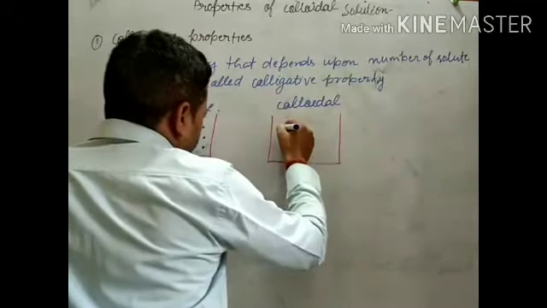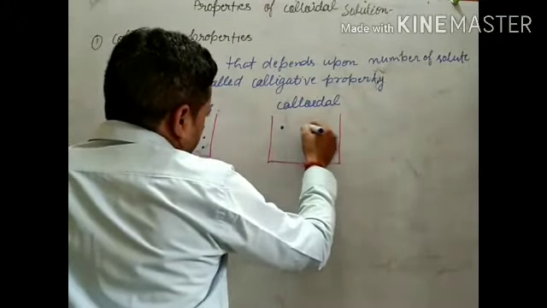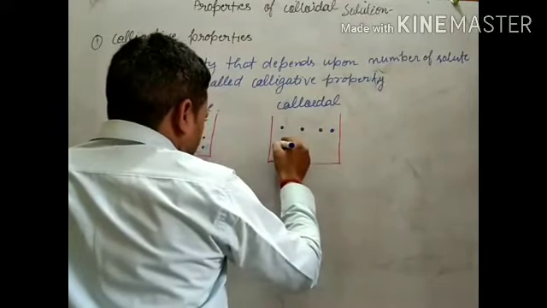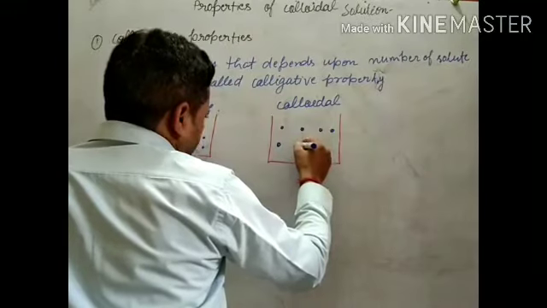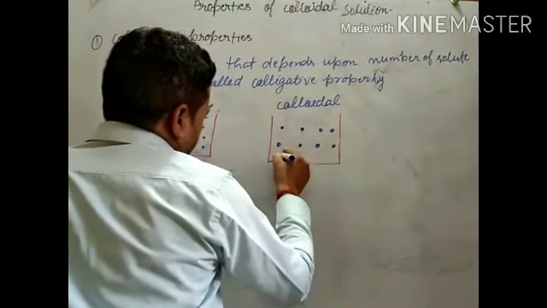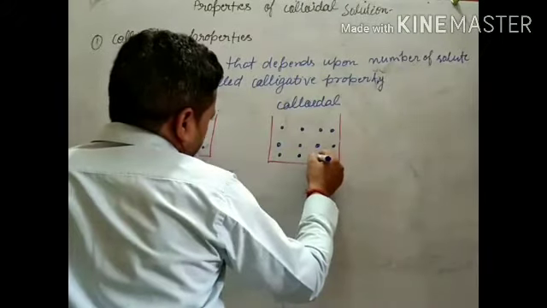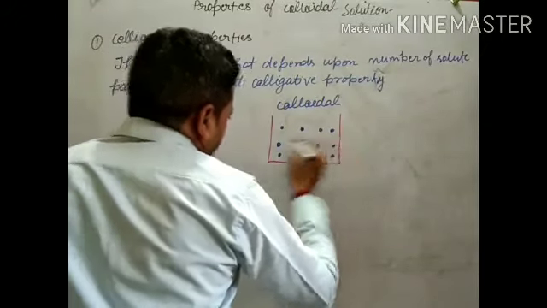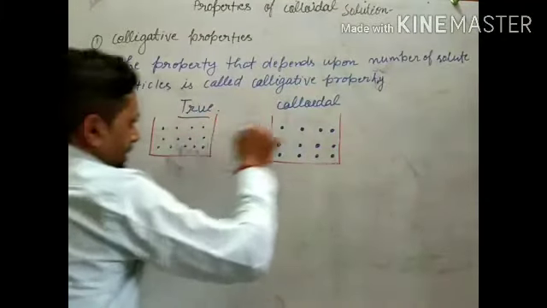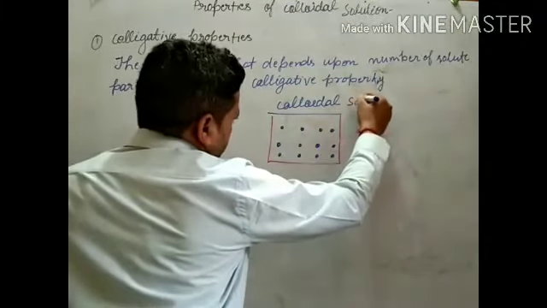But in colloidal solution, the number of particles is less. So this is true solution and that is colloidal solution.